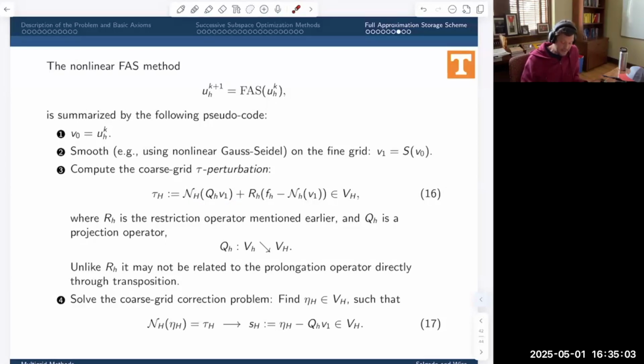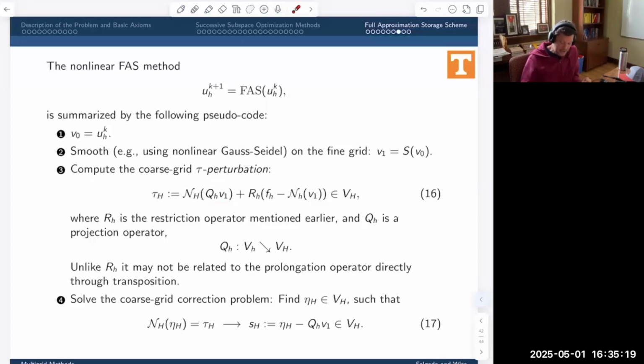It has this. So this N capital H, this is the coarse grid version of the nonlinear operator. Okay, so that's one thing. What is this thing called?